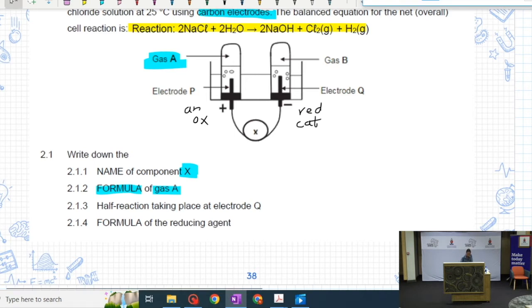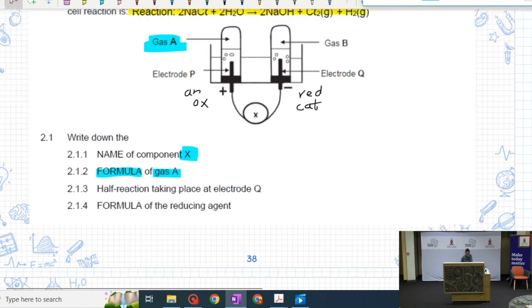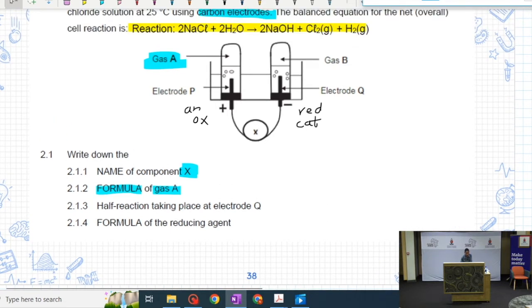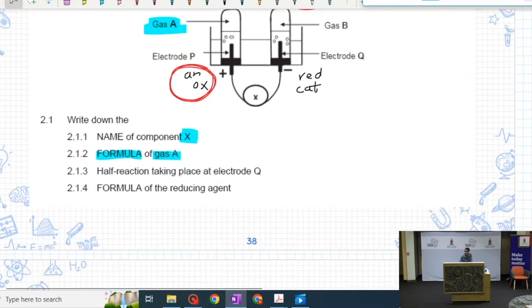So based on that, the formula of the gas that is going to be produced over here: our chlorine ions are going to undergo oxidation and form chlorine gas, while our water is going to undergo reduction. So at the anode, oxidation, we're going to have chlorine gas being produced. Are we happy? Any questions? Okay, we have chlorine gas.